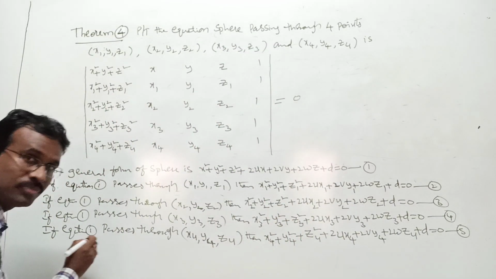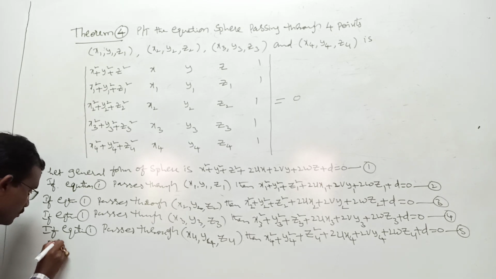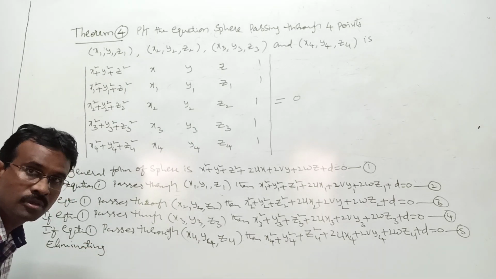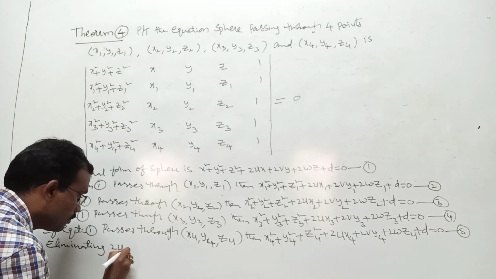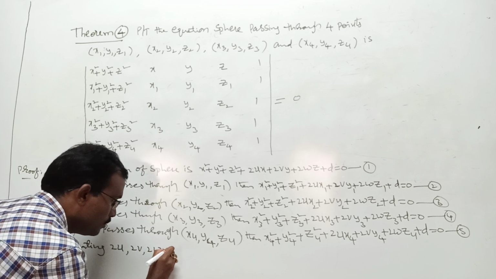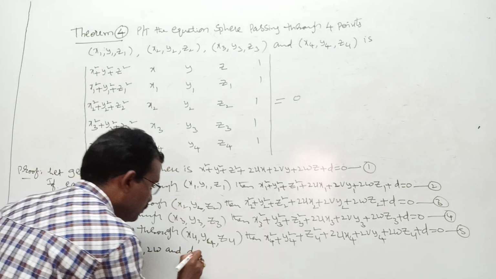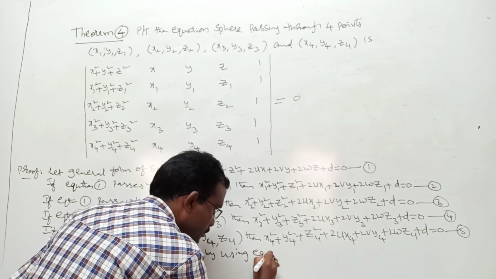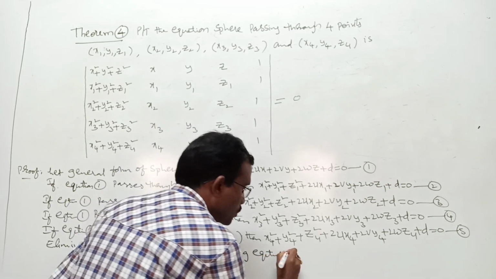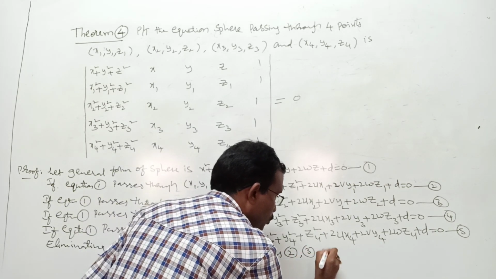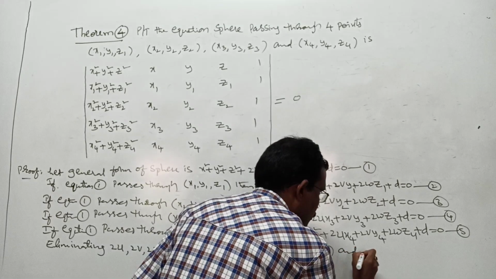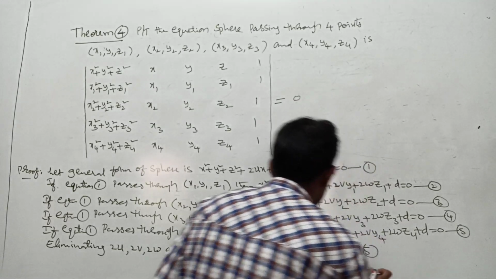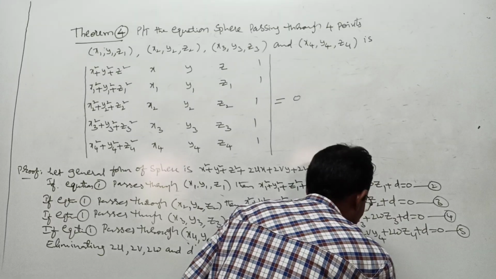Here I am clearly writing, eliminating 2u, 2v, 2w and d by using equations 2, 3, 4 and 5, including equation 1 also.